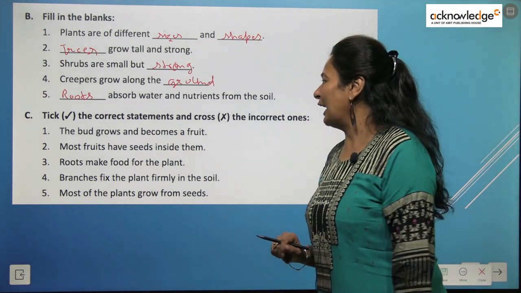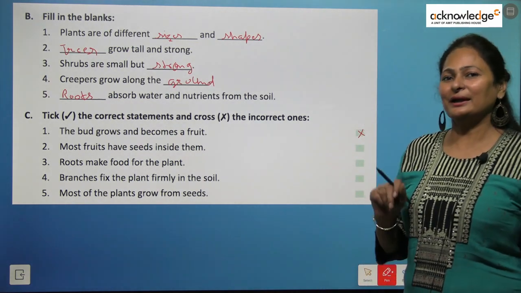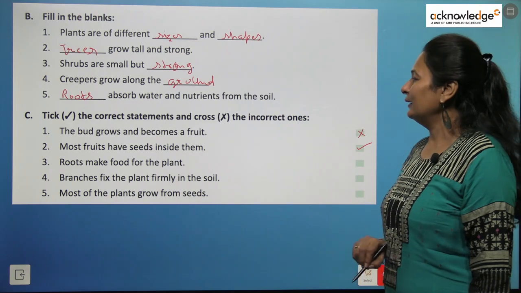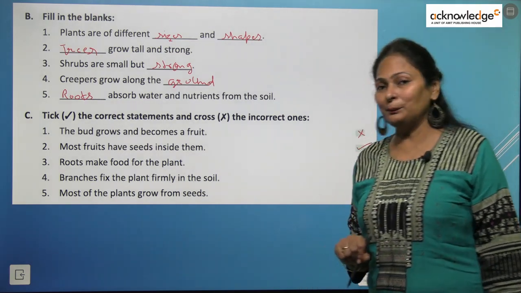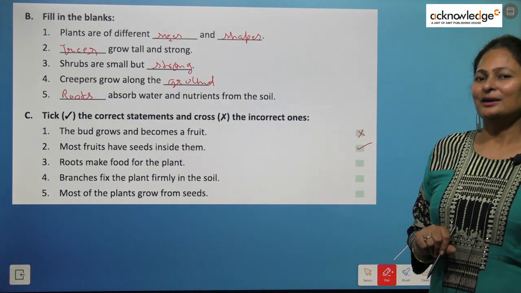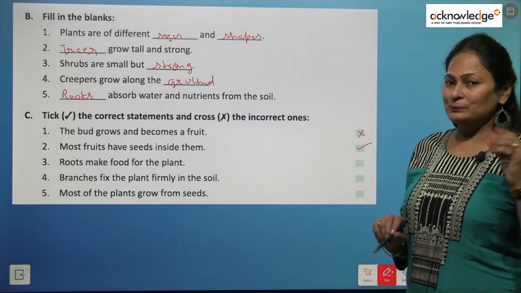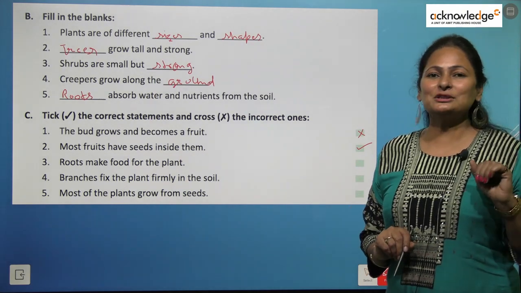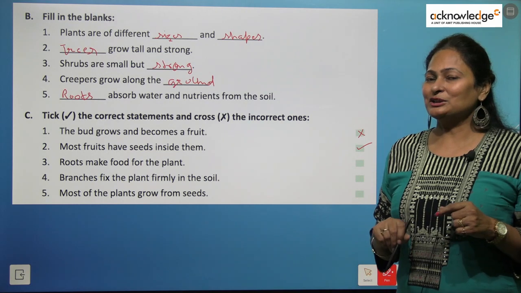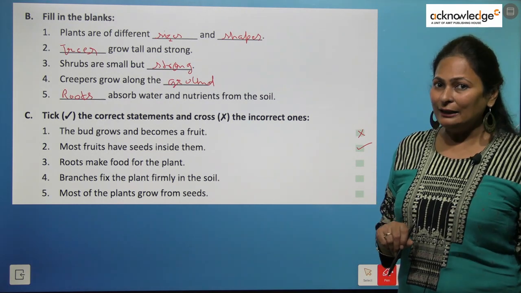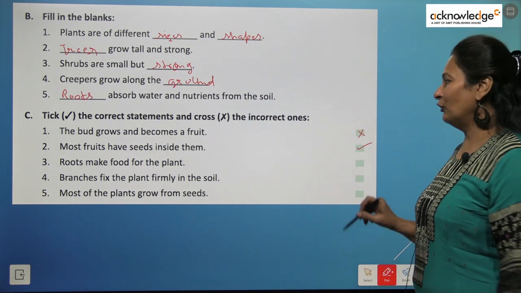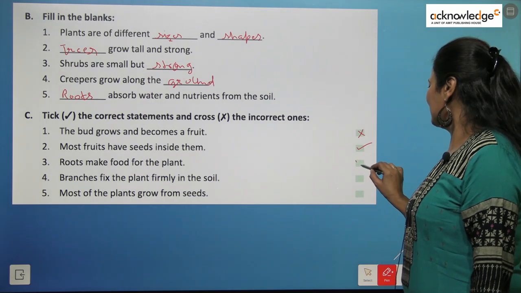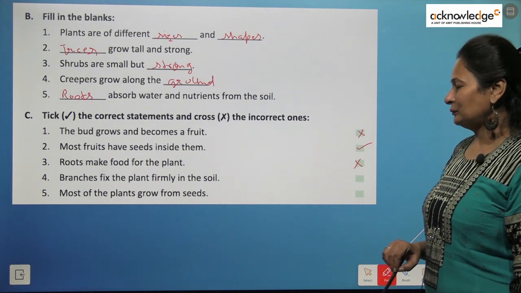Second, most fruits have seeds inside them. Yes, this is correct. Roots make food for the plant. Is it so? No. Roots absorb water and minerals from the soil and transfer it to the stem, and leaves prepare food for the plant. So this is wrong.